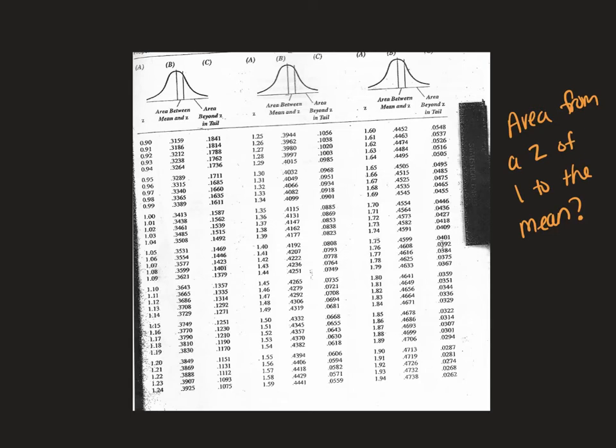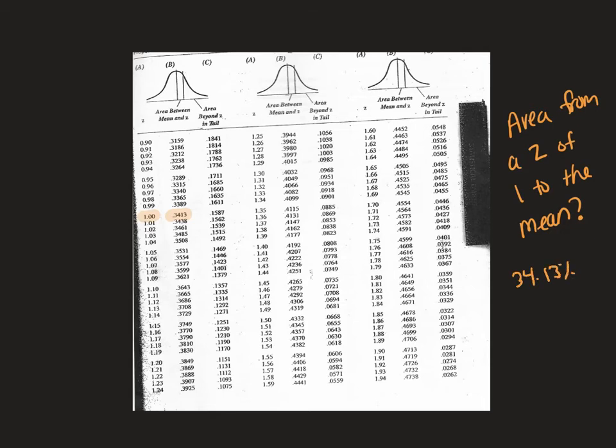Pause here and see if you can use this table to find the area from a z of 1 to the mean. I've located my z of 1. Now I'm looking for the area to the mean, which it says is 34.13, or 34.13% if we translate it from the decimal form.